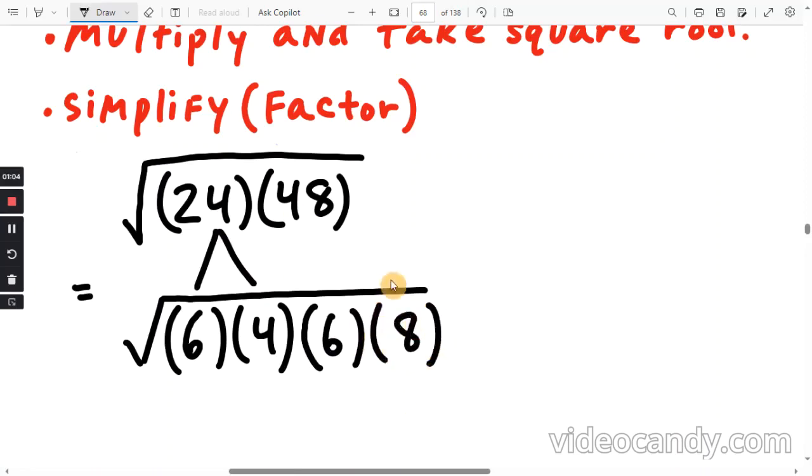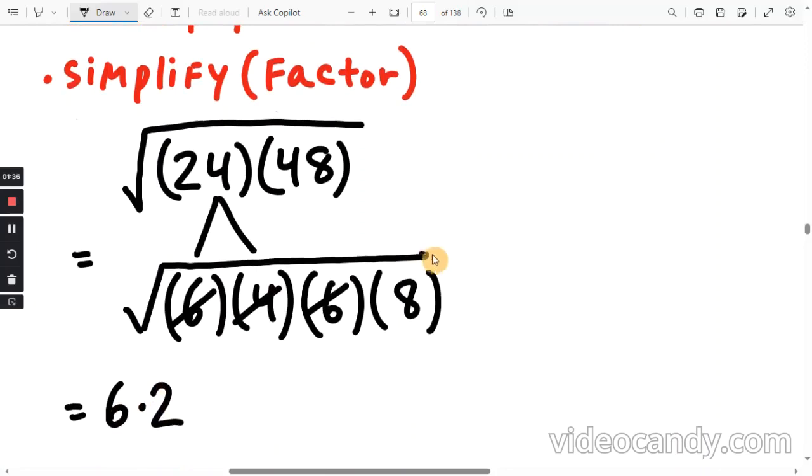Now, under the square root, whenever you have two numbers that repeat, that are multiplied, you cancel two of them and factor one of them outside of the square root. So the square root of 6 times 6, you cancel two of them. Square root of 6 times 6 is just 6. That's outside of the square root. The square root of 4 is just 2. So I'm going to take the square root of 4 and multiply 6 times 2.